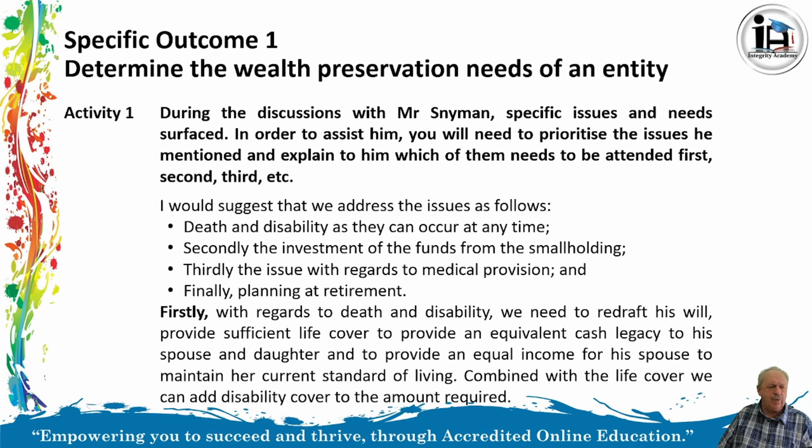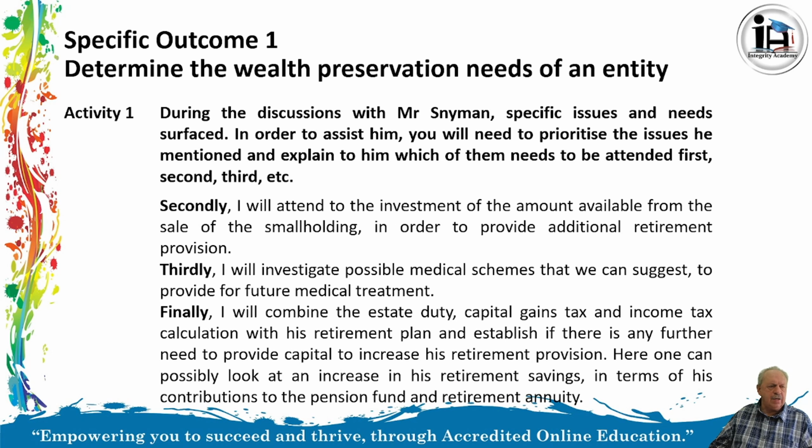Combined with the life cover, we can also add some disability cover amount as required. Secondly, I would attend to the investment of the amount available from the sale of the small holding in order to provide additional retirement provision. And thirdly, I will investigate possible medical schemes that we can suggest to provide for future medical treatment.